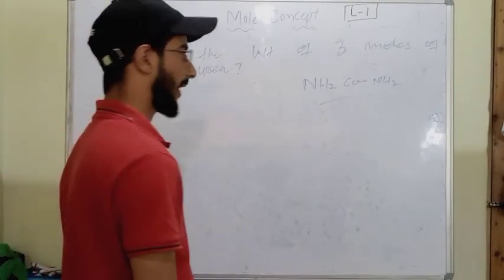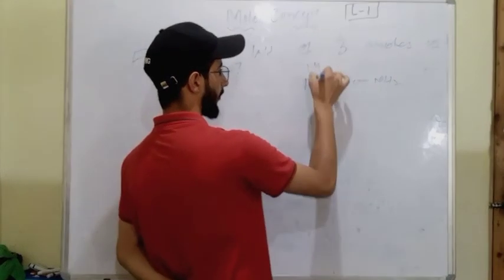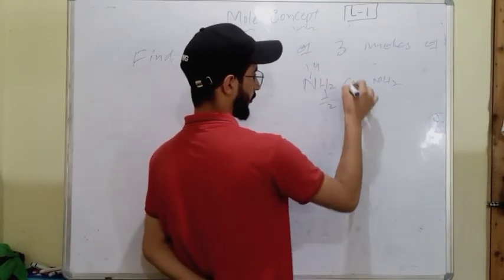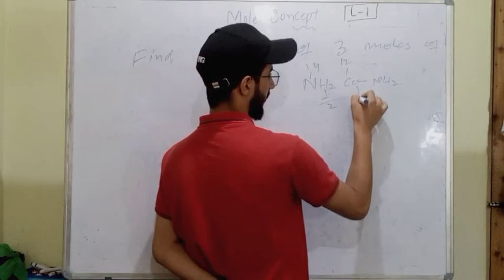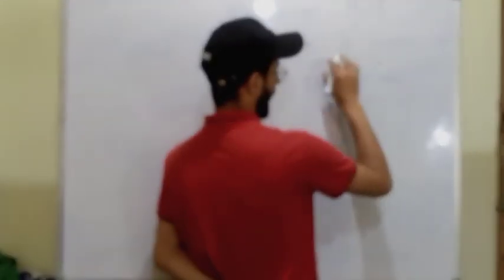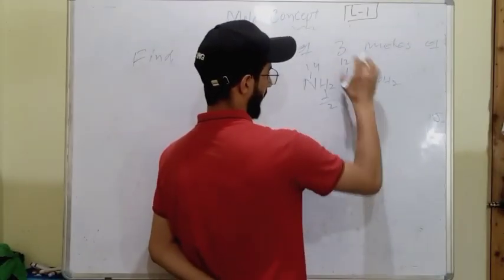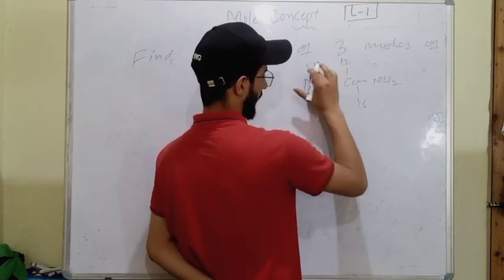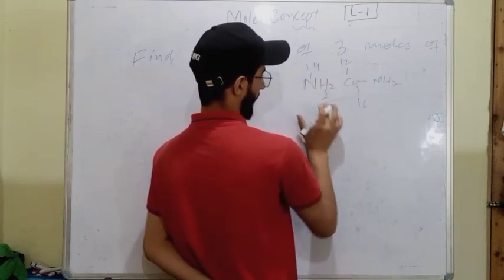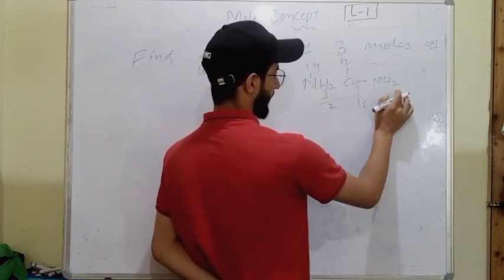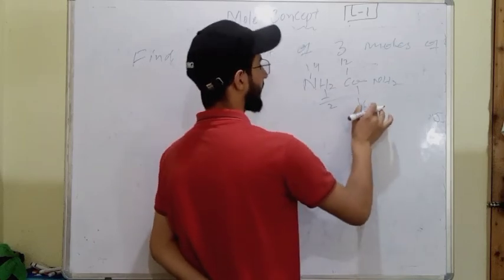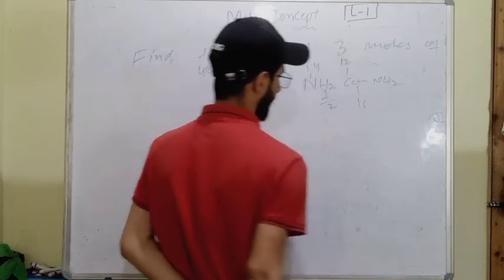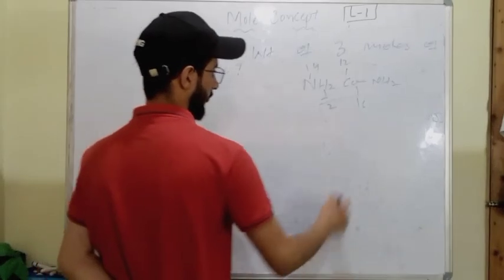What will be the molecular mass? It will be 14 plus 2, 12, 16, 14, adding these, it is approximately equal to 60.